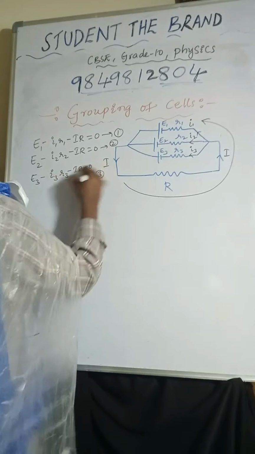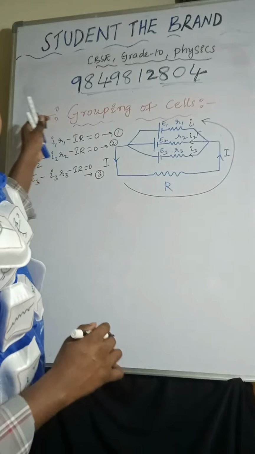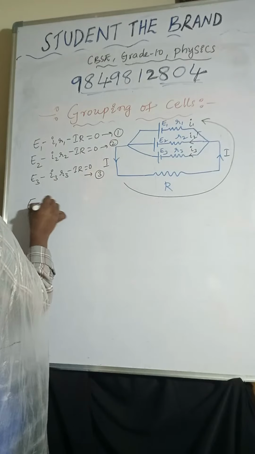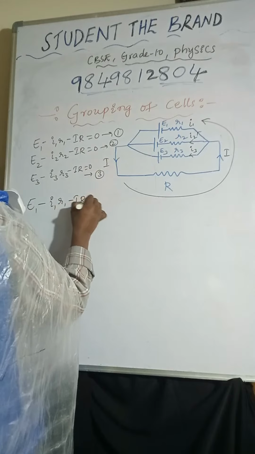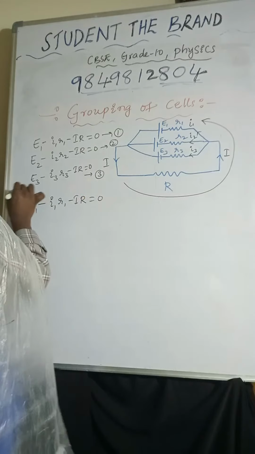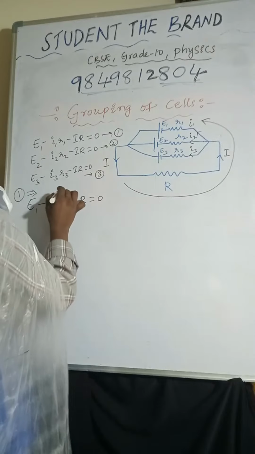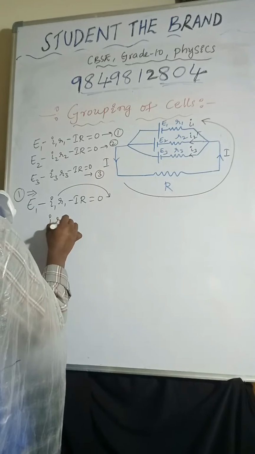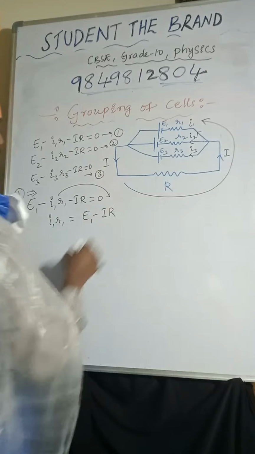Equation 3. From equation 1, can we write like this? E1 minus I1 R1 minus IR equal to 0. So you can take this to the other side. That is I1 R1 equal to E1 minus IR.